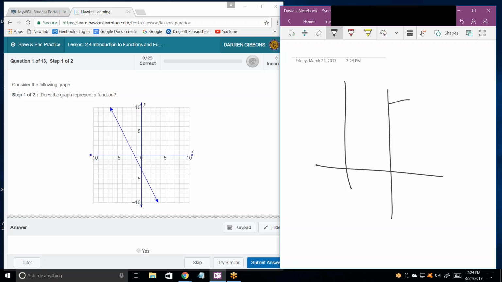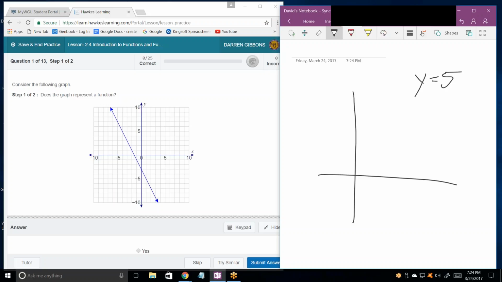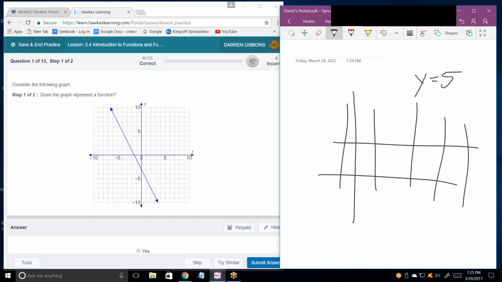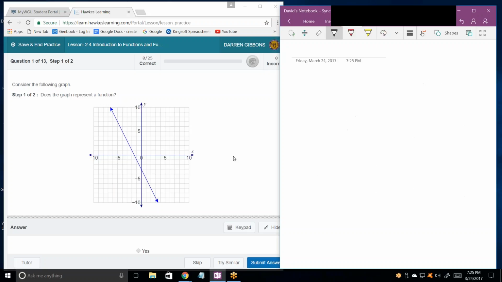That might be x equal 5, but it does not pass the vertical line test. Whereas if I had a horizontal line, y equal 5, that passes the vertical line test. No matter where I pass a vertical line, I only get one value for y. So this is definitely a function.